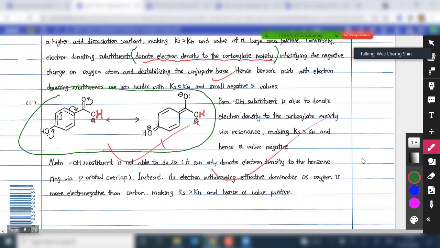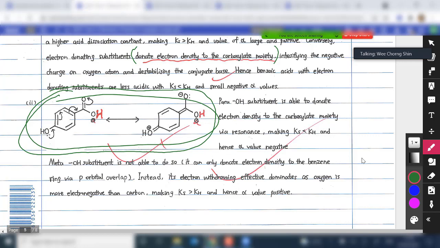But do we really need to drill down on the nitty-gritty? Actually, no. To be honest, if the students can produce things like this and tell us that in this case your OH is pi donating, but when it's meta it is sigma withdrawing, I think that's perfect already. Which is indeed what was mentioned here.